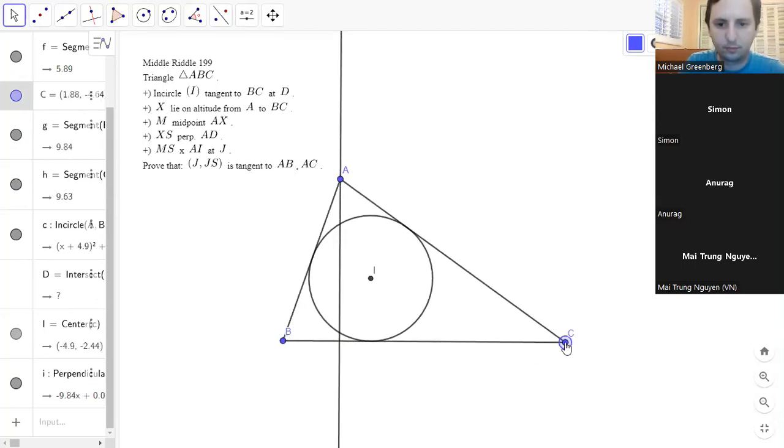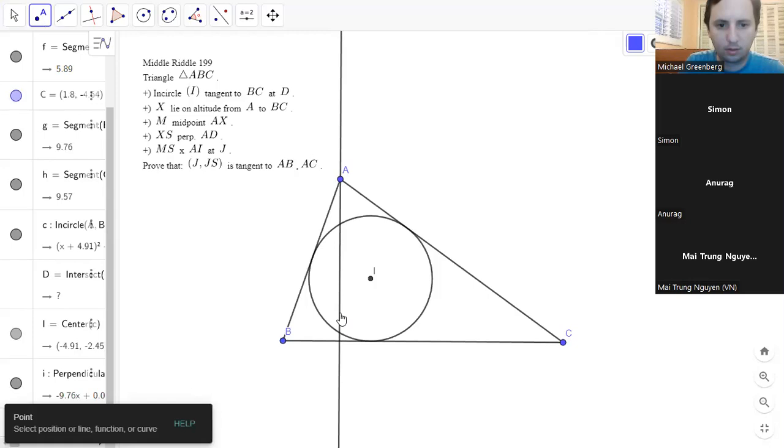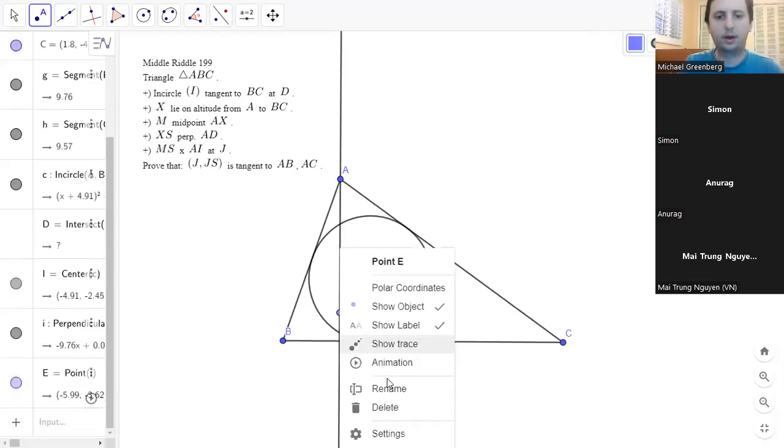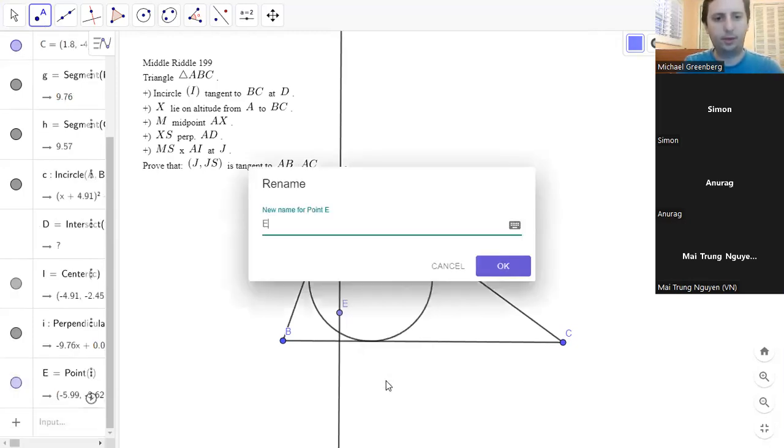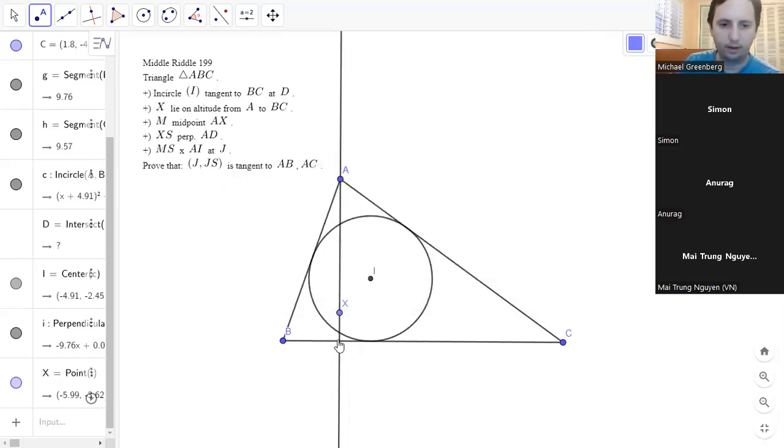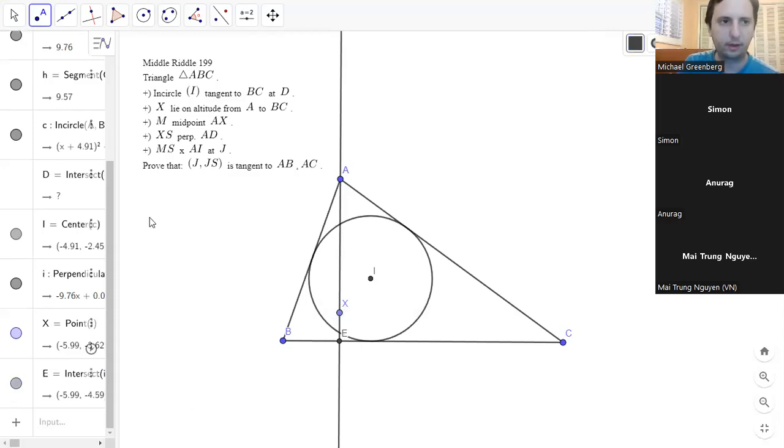I think it can be any point, but let's see.